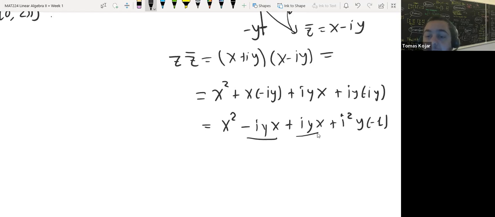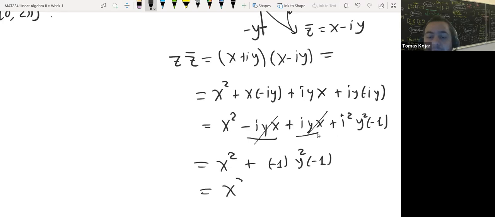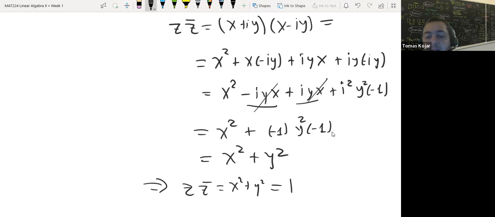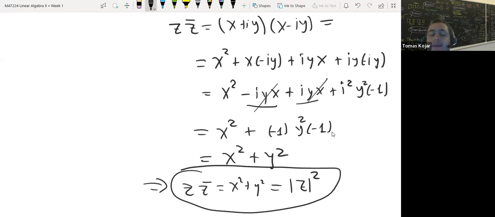These two guys cancel out, same term but with minus. i squared becomes minus 1, and minus times minus 1 gives you plus. So that's the formula: z times z bar is equal to x squared plus y squared, which is just the modulus squared. That's a very useful formula that we will come back to.